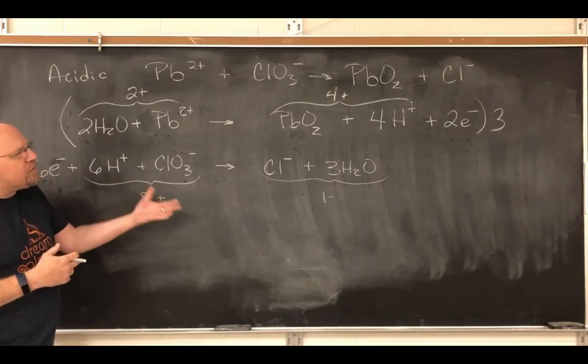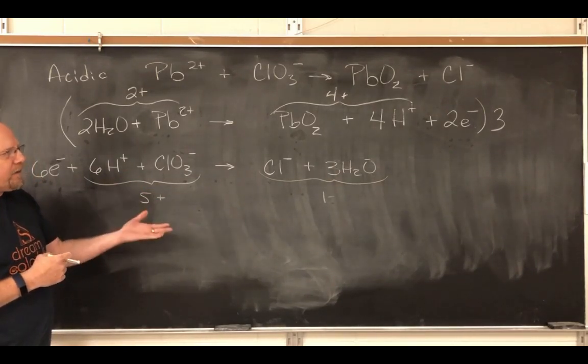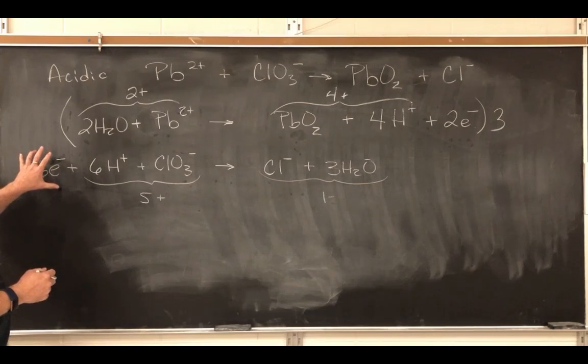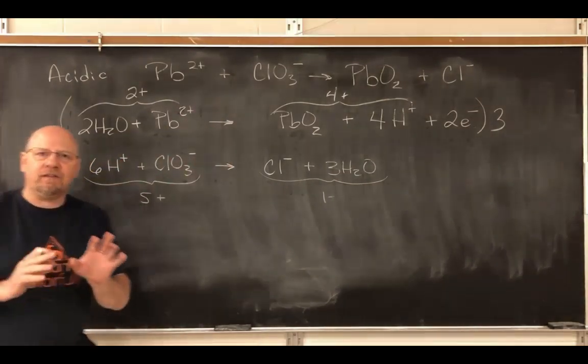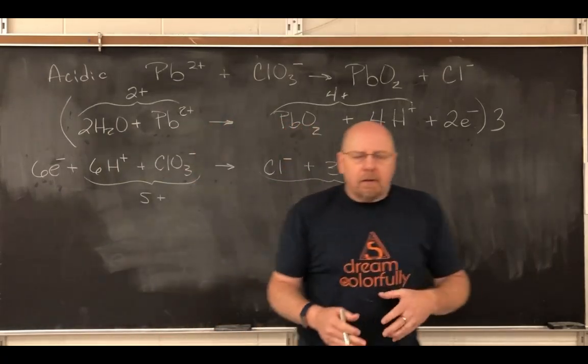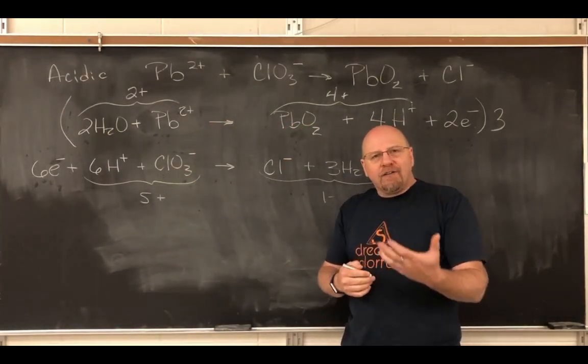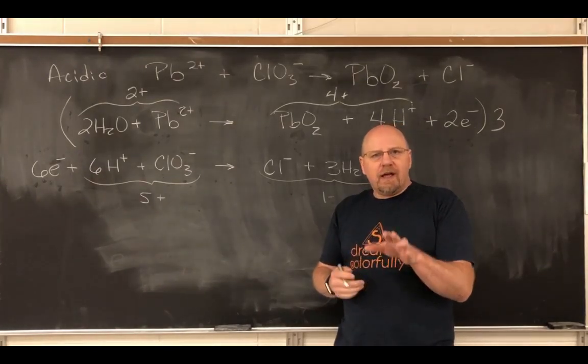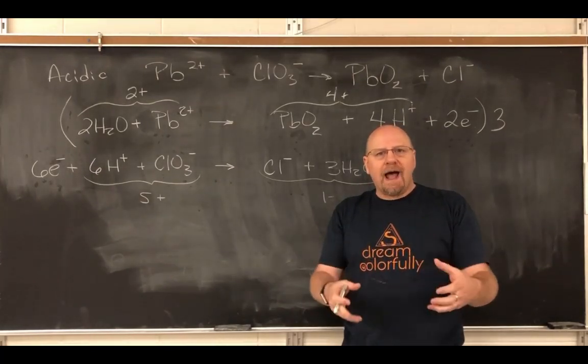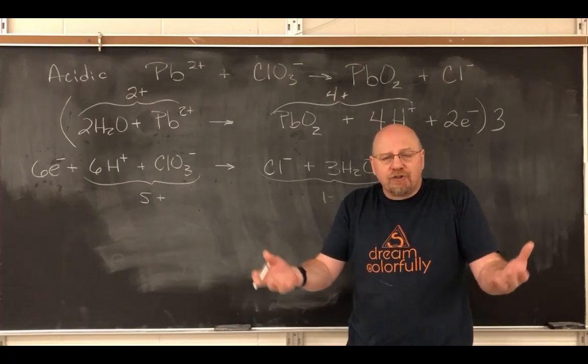So this leads into our next step. Our next step is to make sure that the total number of electrons in both half reactions is equal. Because again, if you go back to your first year class, never did you ever see electrons written in the reactions. They didn't show up.